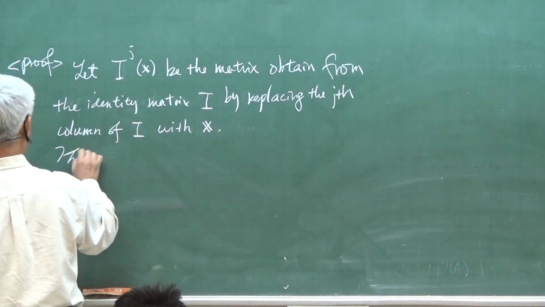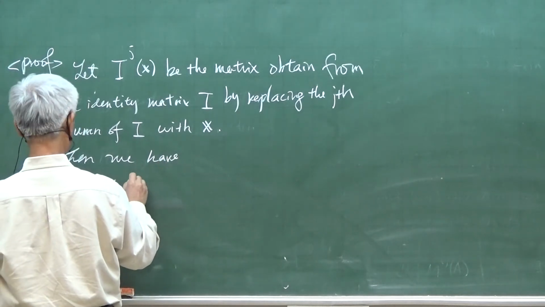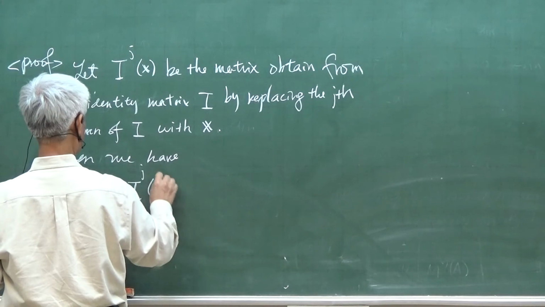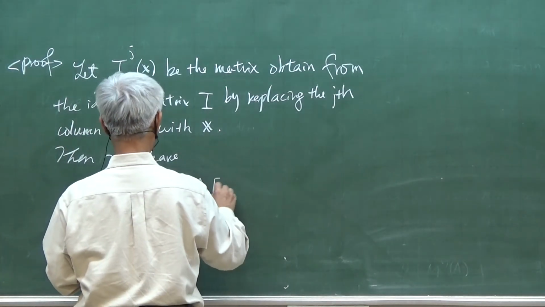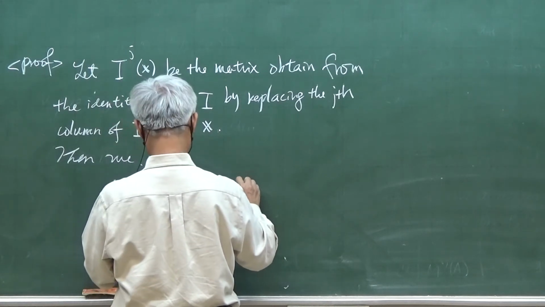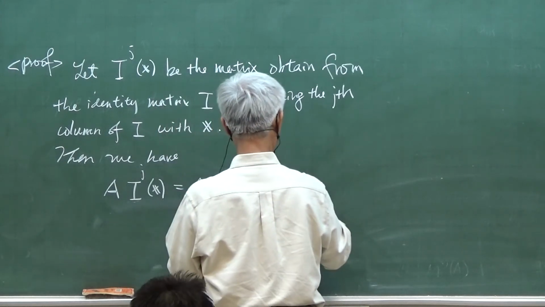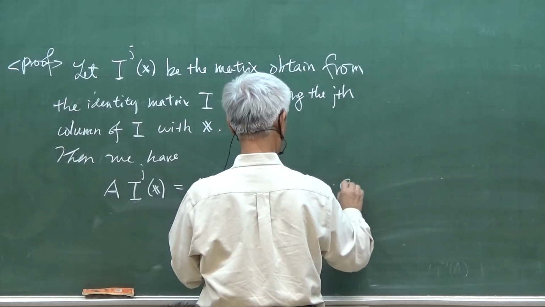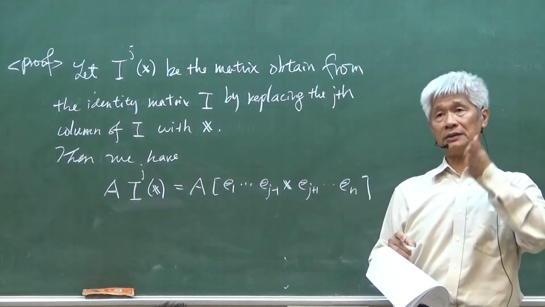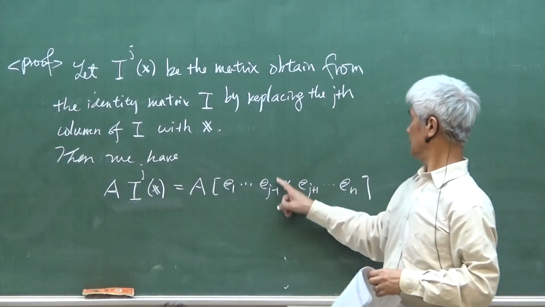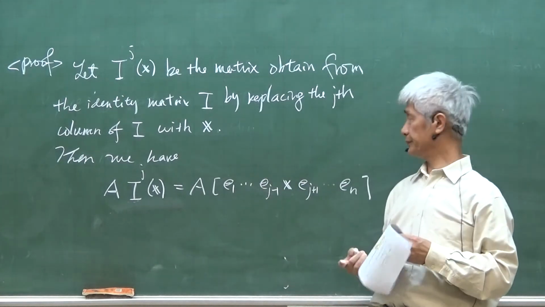Now we have something very interesting. A times I_j(x) is A times [e1, ..., e_{j-1}, x, e_{j+1}, ..., en]. The e_i are standard unit column vectors, so only the jth standard unit vector has been replaced by x.